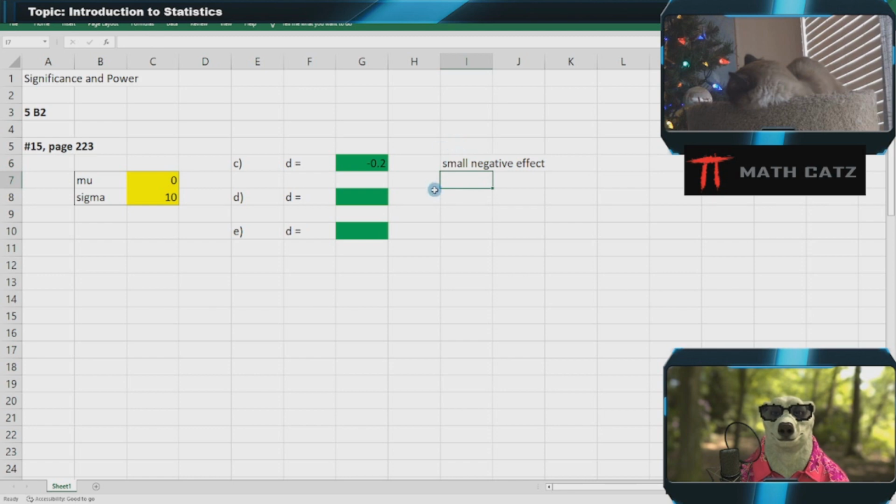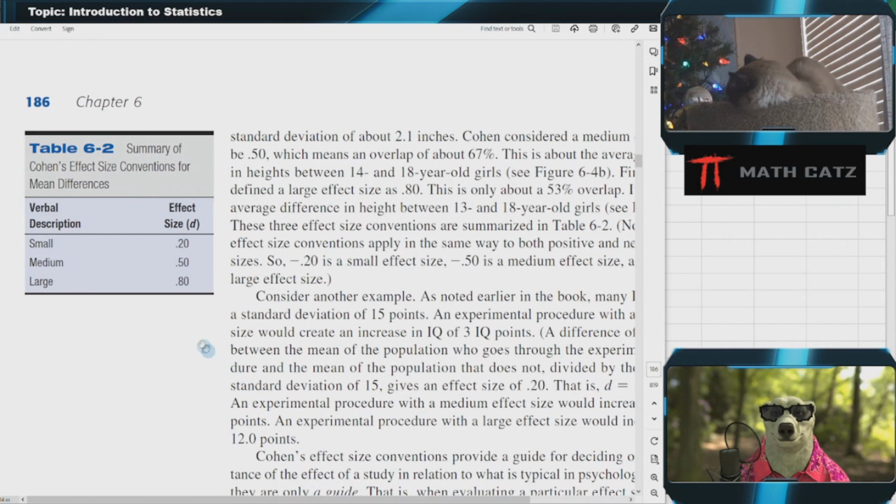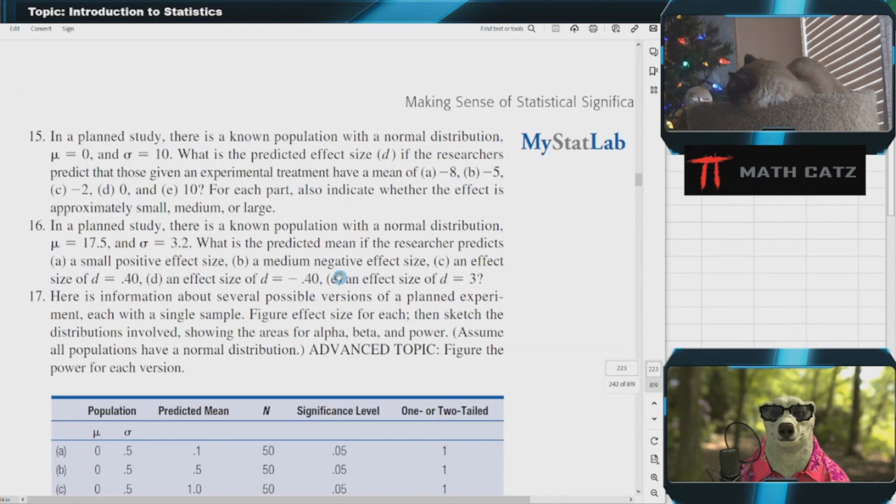And that's C, done. In D, let's remember what was the predicted mean. Oh no, I'll go back to page 223.